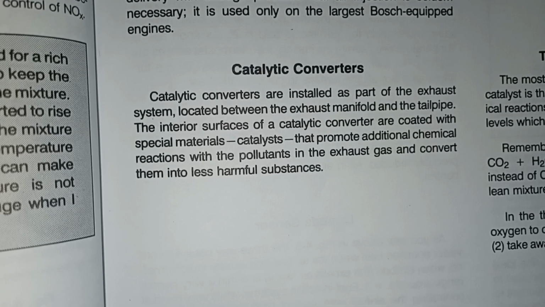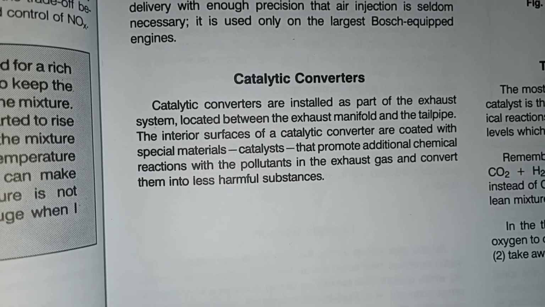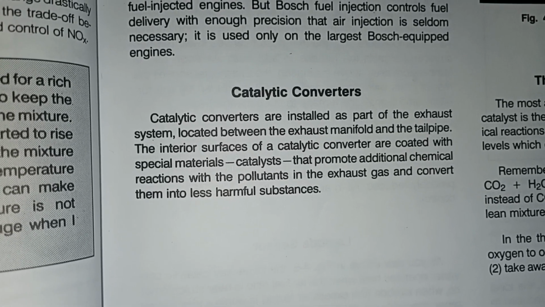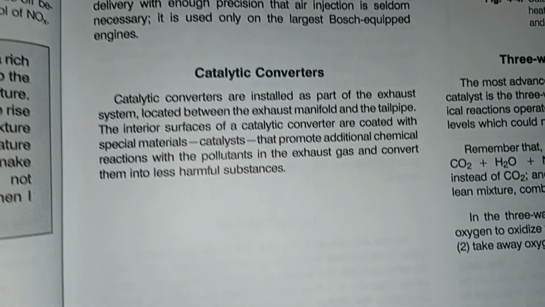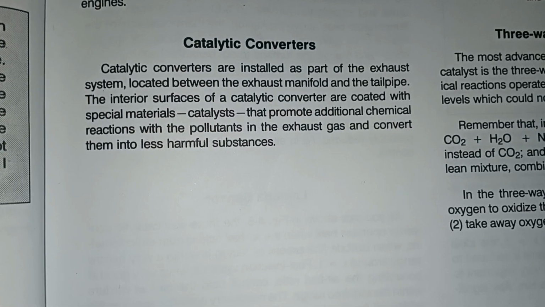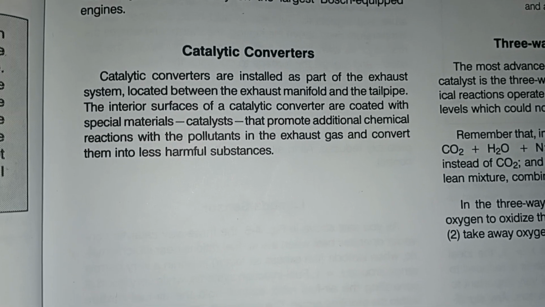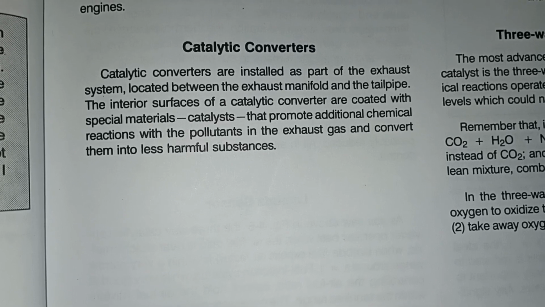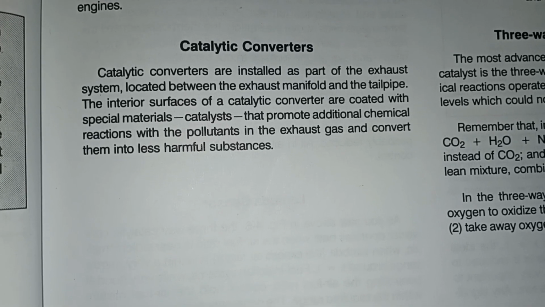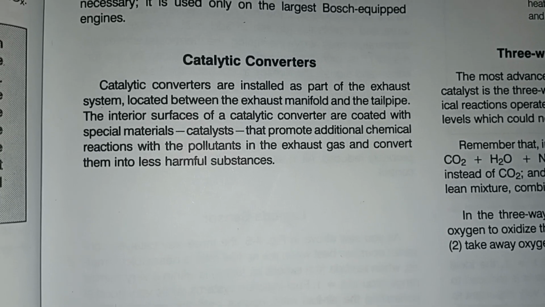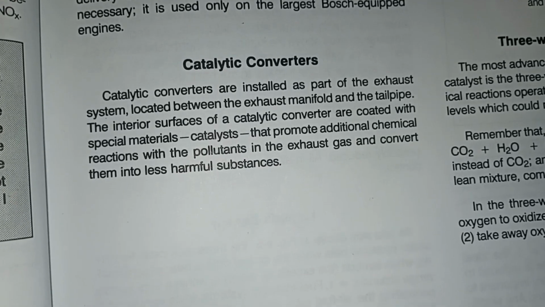Catalytic converters. Catalytic converters are installed as part of the exhaust system located between the exhaust manifold and the tailpipe. The interior surfaces of a catalytic converter are coated with special materials, catalysts, that promote additional chemical reactions with the pollutants in the exhaust gas and convert them into less harmful substances. Let me read that again.